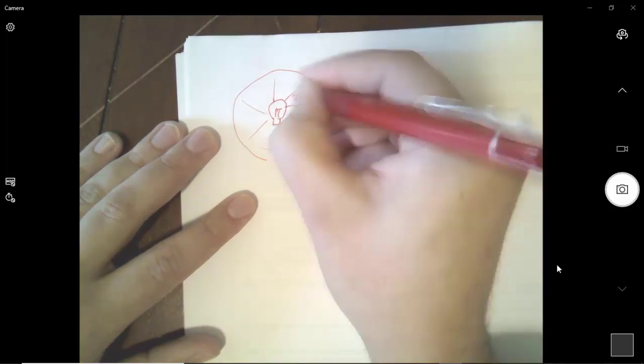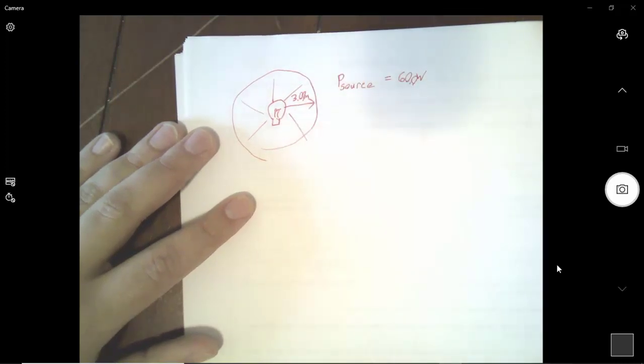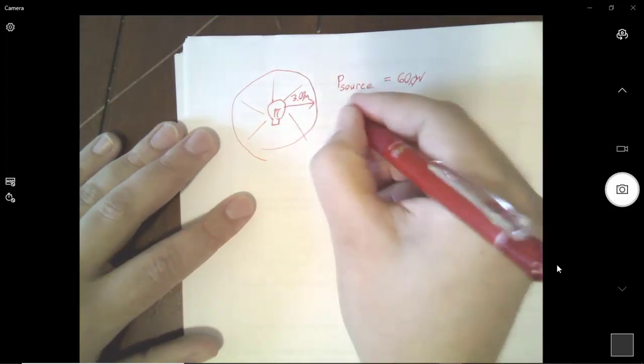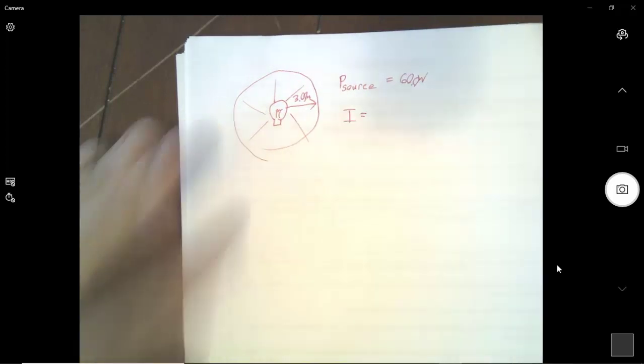So we'll make this 3 sig figs. So all we would have to do is calculate the intensity of that. So the intensity is the brightness of light or the loudness of sound, essentially. We'll come back to that in a moment.